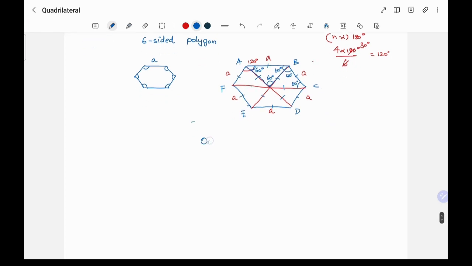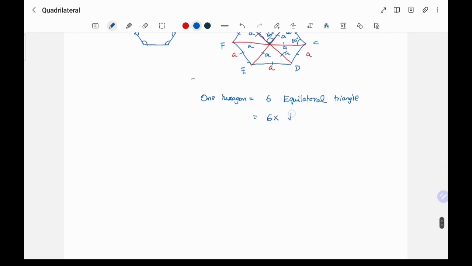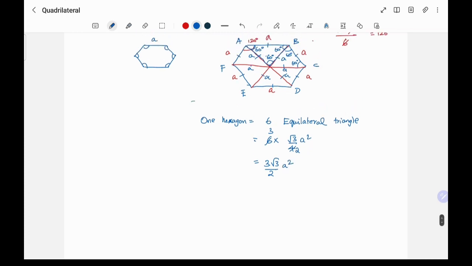One hexagon can be divided into 1, 2, 3, 4, 5, 6 equilateral triangles. If this side is A and these also are A, right? For an equilateral triangle we know the area, root 3 by 4 A square. So we have 3 root 3 by 2 A square as the area of the hexagon.